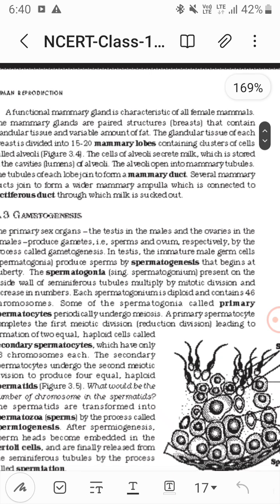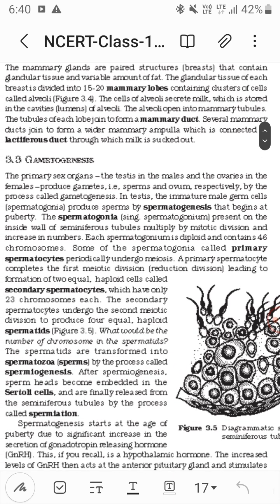Now gametogenesis. In spermatogenesis, spermatogonia give rise to primary spermatocytes, then secondary spermatocytes, then spermatids, and then spermatozoa, that is the formation of sperm. Spermatid to spermatozoa is spermiogenesis.